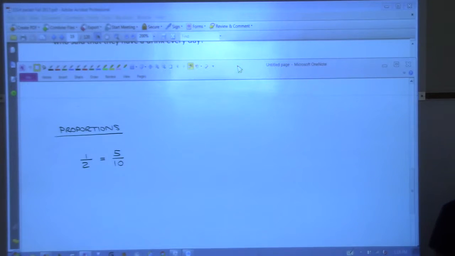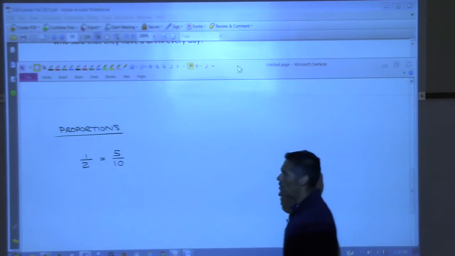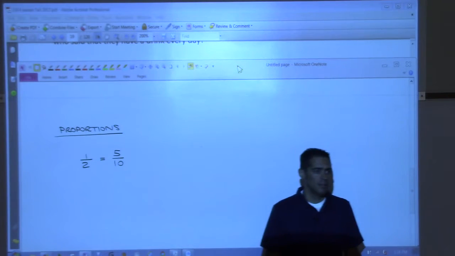We would say that those two fractions are proportional to one another because they're equivalent, right? Like 1/2 is the same as 5/10.